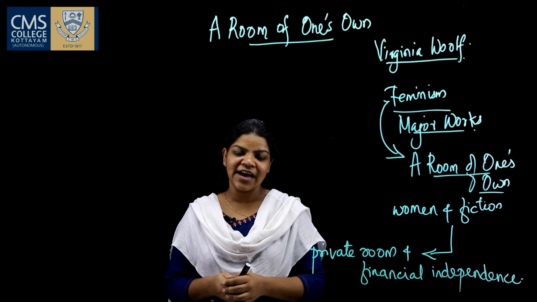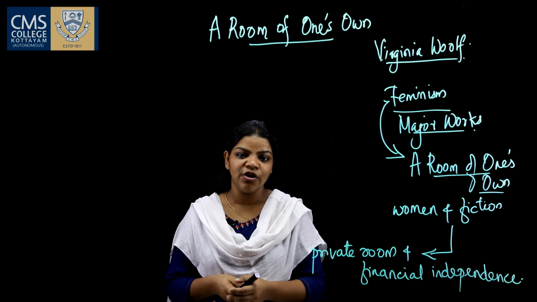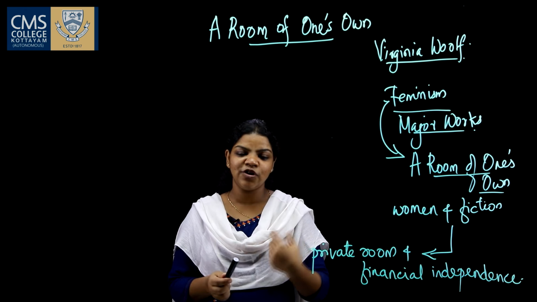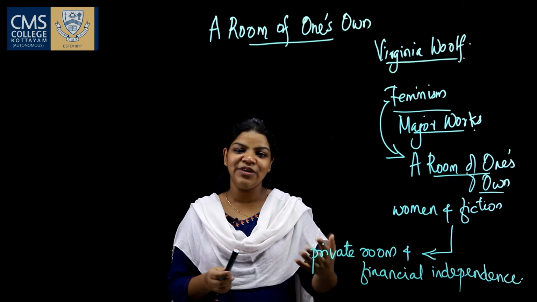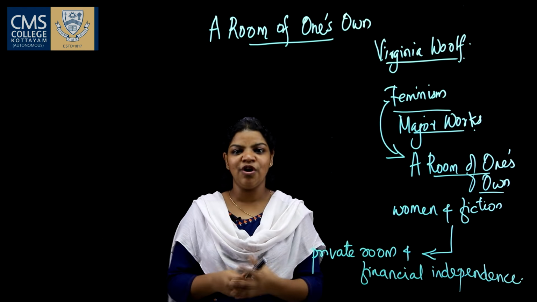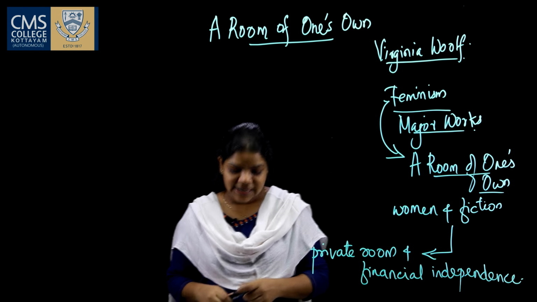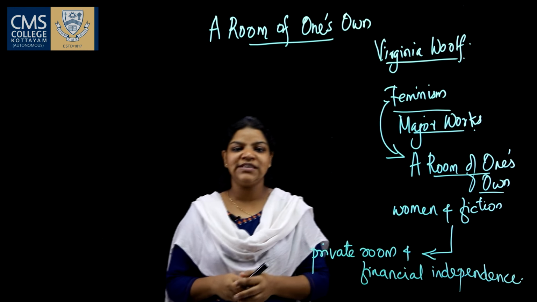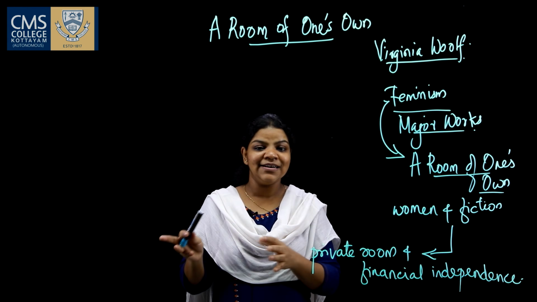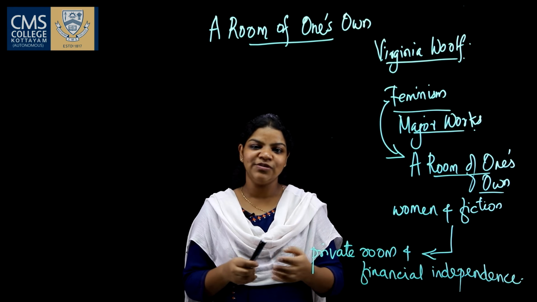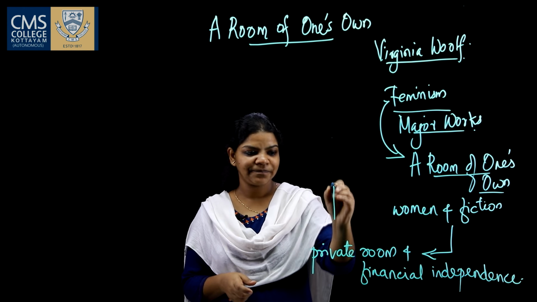There was also this lack of financial independence because women were not working. She says that she was fortunate enough to have an aunt who gave her a fortune of so much pounds. So with this introduction, she moves into the essay by introducing certain fictional characters.